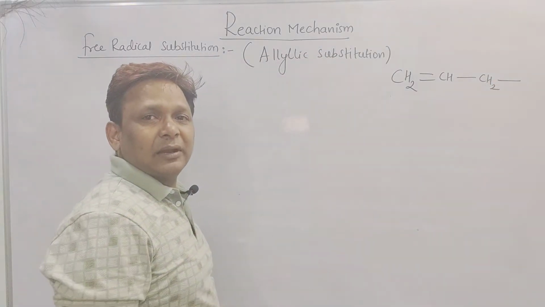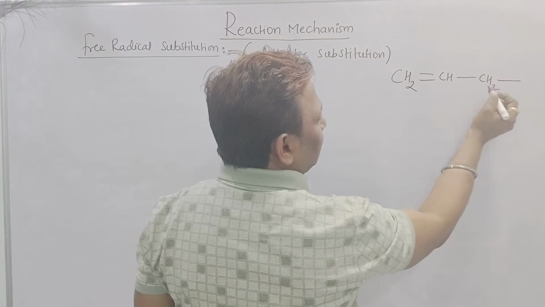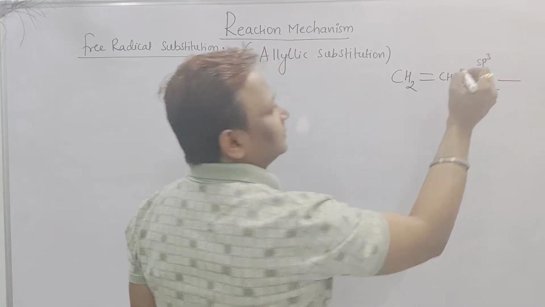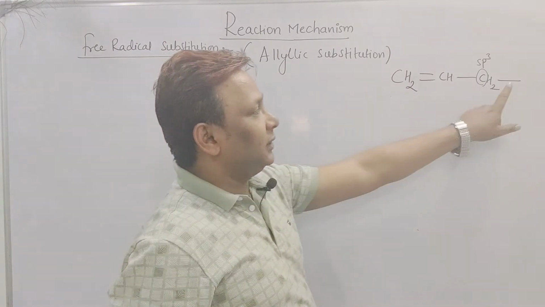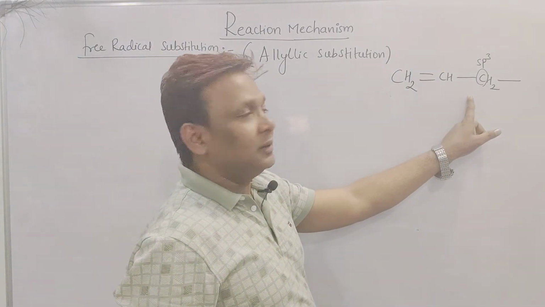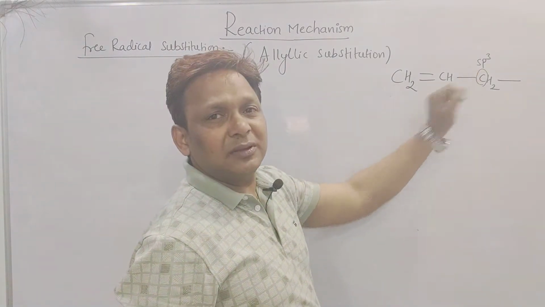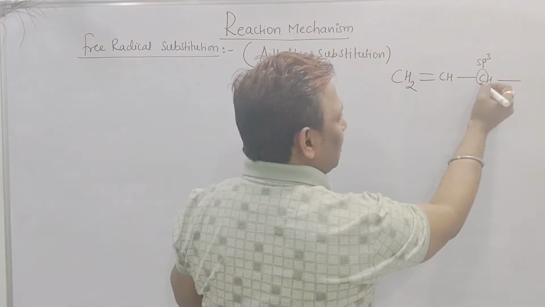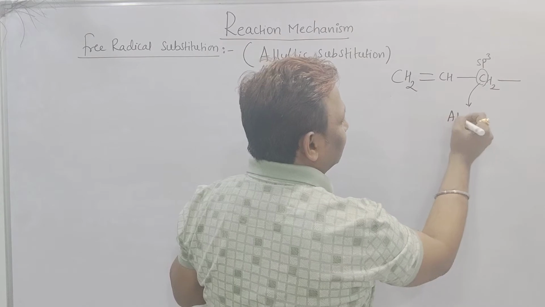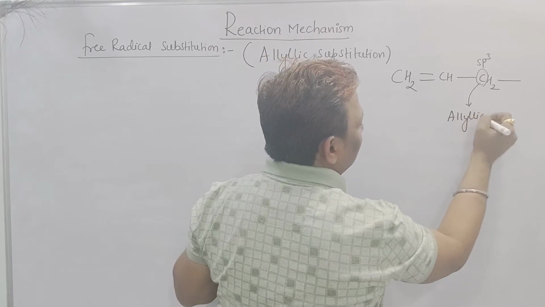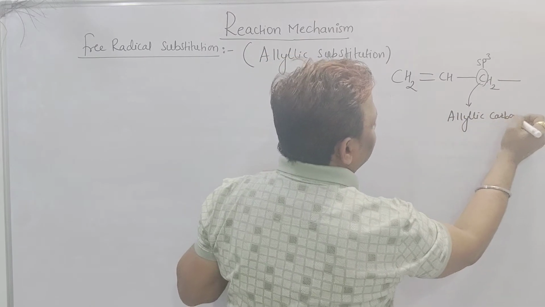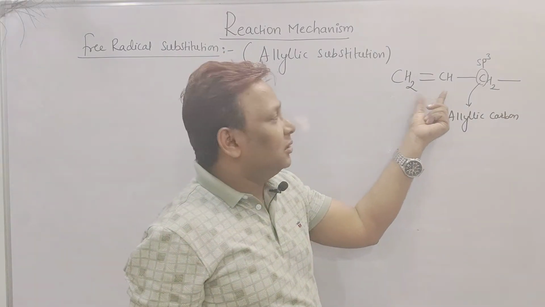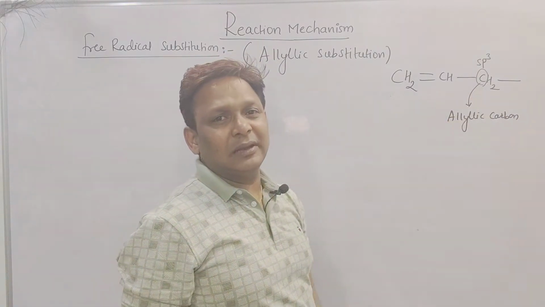See beta, once again I will tell you: the free bond present on the carbon must be sp3 hybridized. This sp3 hybridized carbon is called an allylic carbon. Or we can say a carbon bonded to a C double bond C is called an allylic carbon.